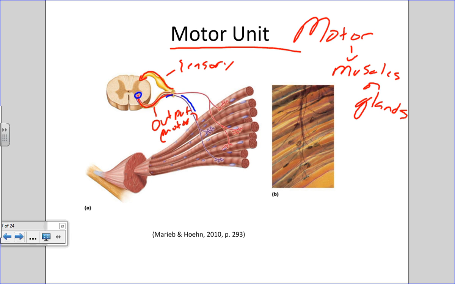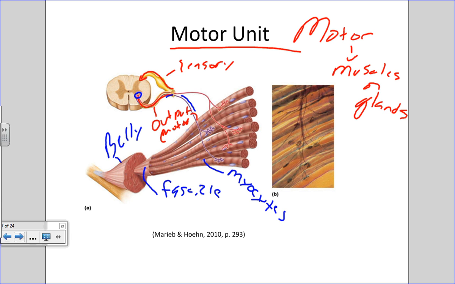You can see this broken down here. Remember the parts of a muscle. This would be the belly, this would be a fascicle, and these would be the myocytes, the muscle cells, as we discussed in the last video.